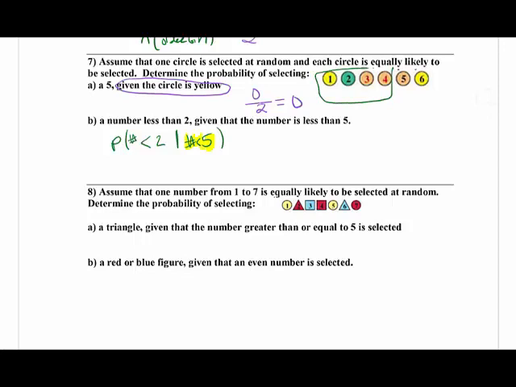I am now looking at these first 4 choices. So my denominator is 4, and out of those, how many numbers are less than 2? The only one is the number 1. The given restricts my choices that I'm looking at. I'm no longer looking at the whole sample space. I've created a new sample space by doing a given or a conditional piece.